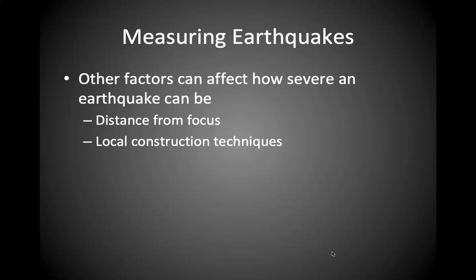And even in California, they're developing techniques to allow for more swaying in the buildings, so that there's less collapsing of buildings when earthquakes do take place. However, not every country is as fortunate as us, and so those with lower construction techniques usually have more severity in their damages.